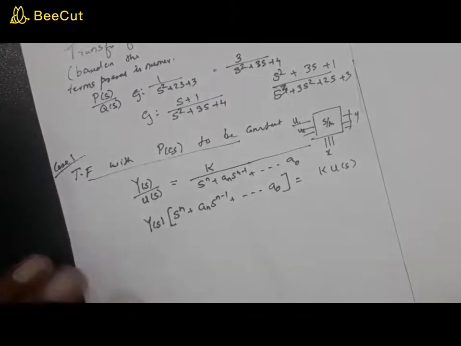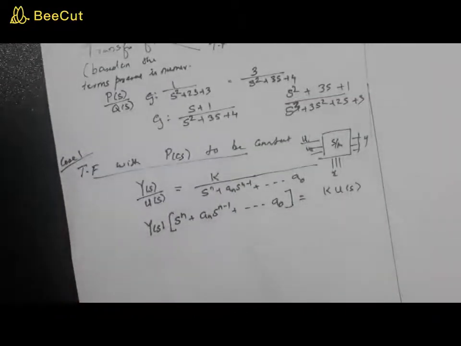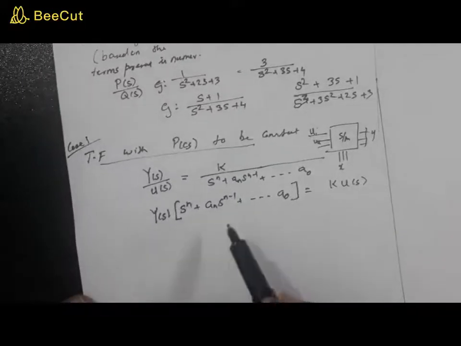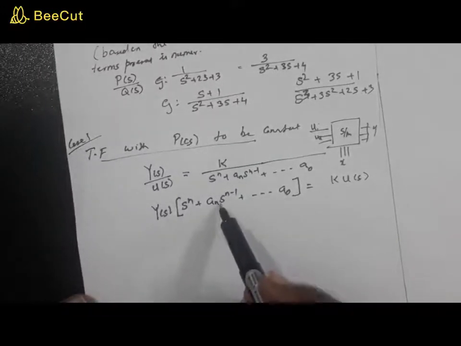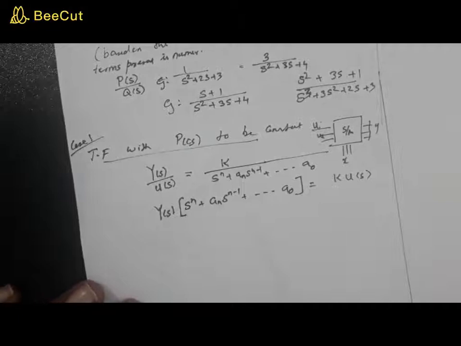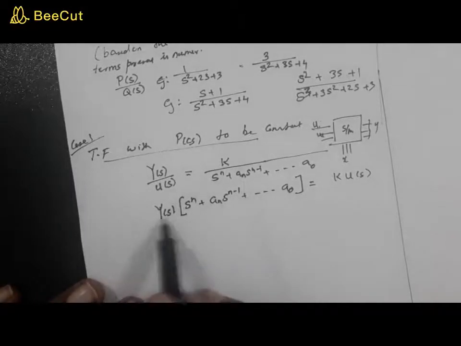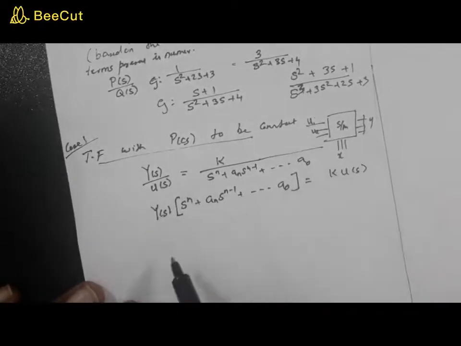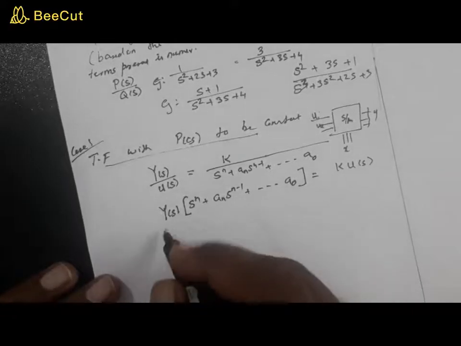Now, if you want a state model, you should at least get the differential equation. Is there any method by which you can convert this into a differential equation? If you have the Laplace transform in this form, you can get the differential equation. I'll explain.